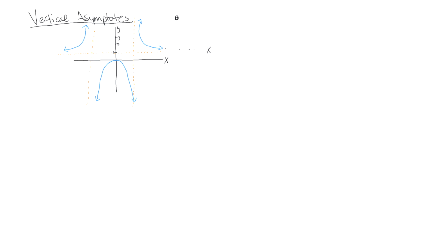X is going to 1. And that's how you write the asymptote. You don't put asymptote equals 1. You put X is 1. So X is getting really close to 1 when this goes to infinity.